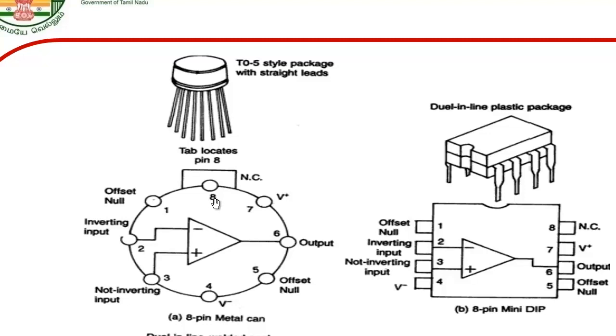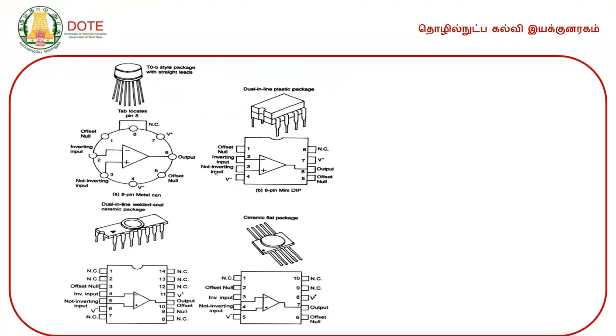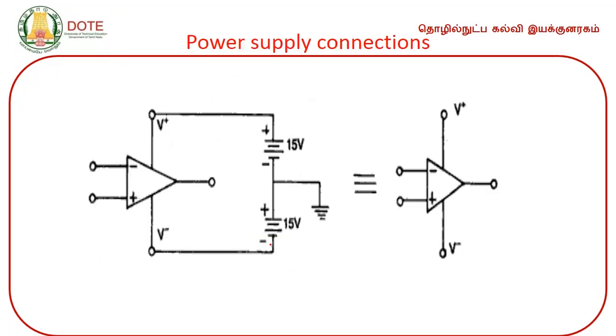From pin number 8, in the counterclockwise direction, pins are arranged, right, 7 6 5 4 3 2 1, okay, and the function of each pin is the same as in the DIP package, only the package is different, function is same, right. So this is one package technique and this is a flat package, right.